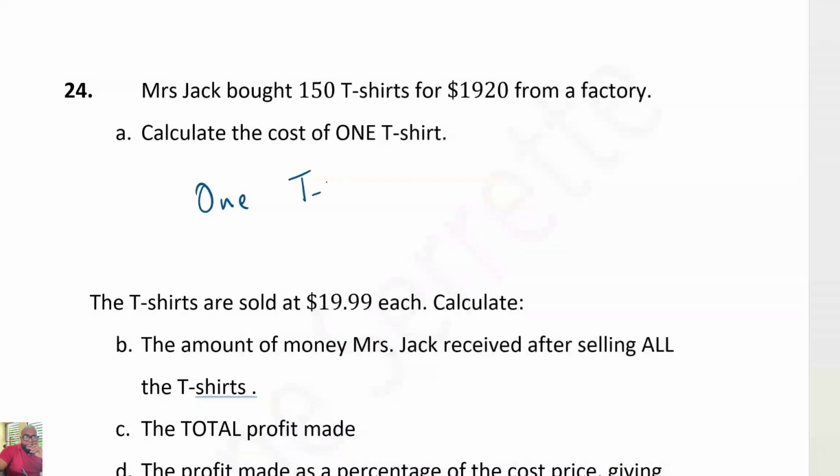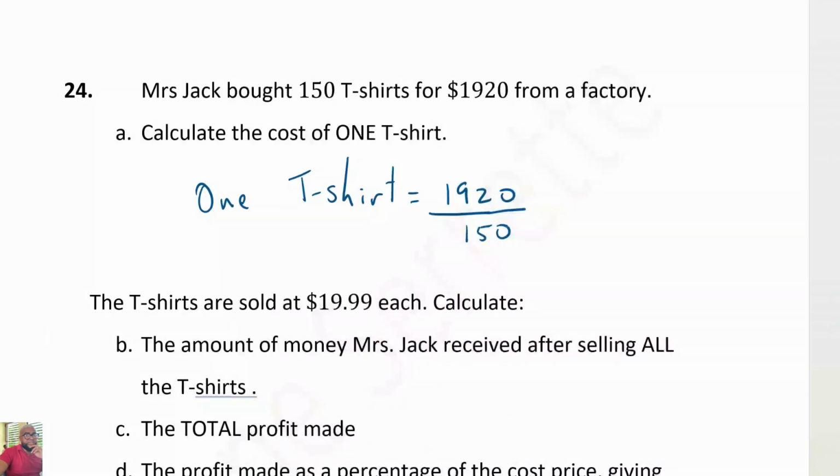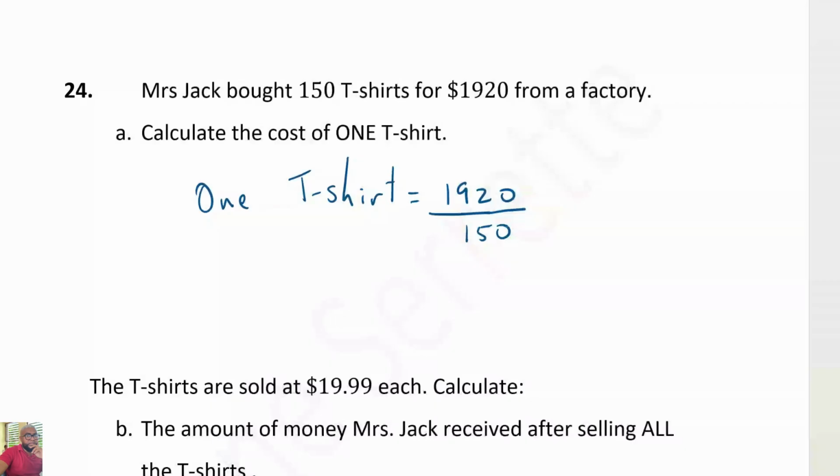Right, so one t-shirt. It will be 1920 divided by 150. And what do you all get? So everybody got that, right? That's $12.80.